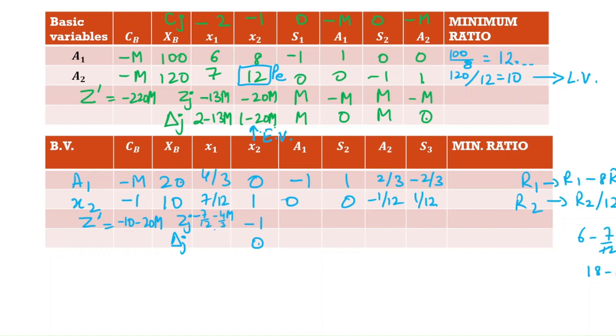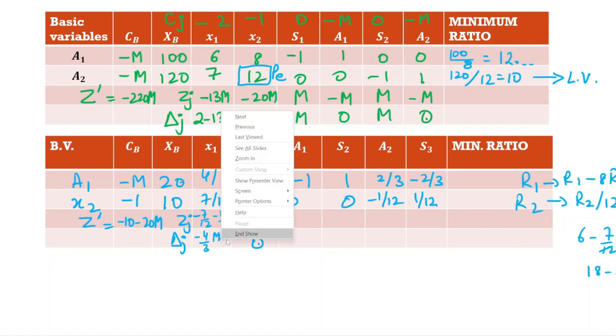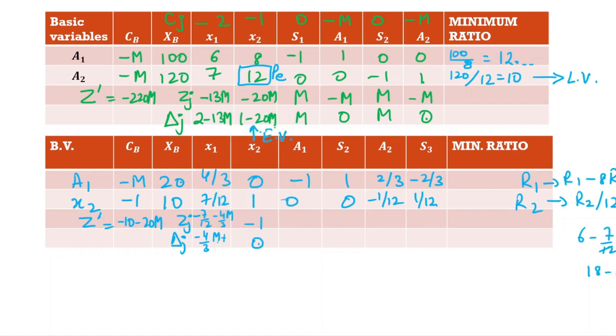So 24 minus 7 is, we will get it as, so that would be minus 4 by 3M, and this would be plus 24 minus 17 by 3. So this would be the larger quantity.